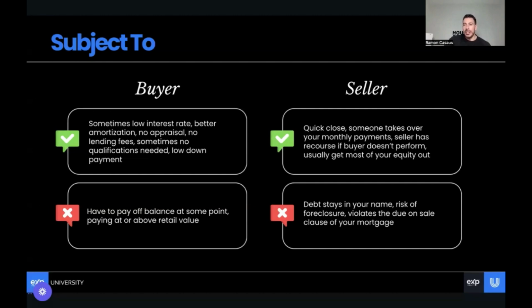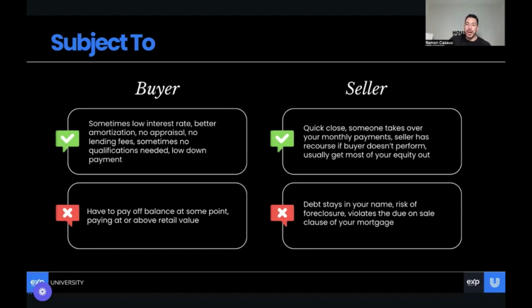Number two, there is always a risk of foreclosure, meaning that you could have to take the property back and catch up on whatever payments are late, and whatever condition the property is in, you also would have to deal with that as well. We hope that never happens, but it does happen, and so that's definitely a risk.